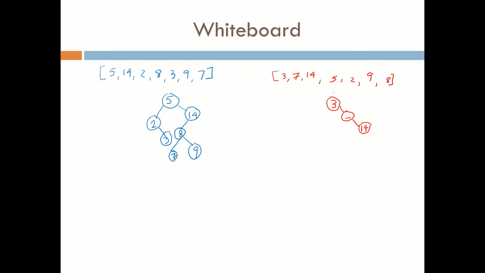And the 5 is greater than 3, and it is less than the 7. So 5 goes here. The 2 is less than the 3, so it goes right here.